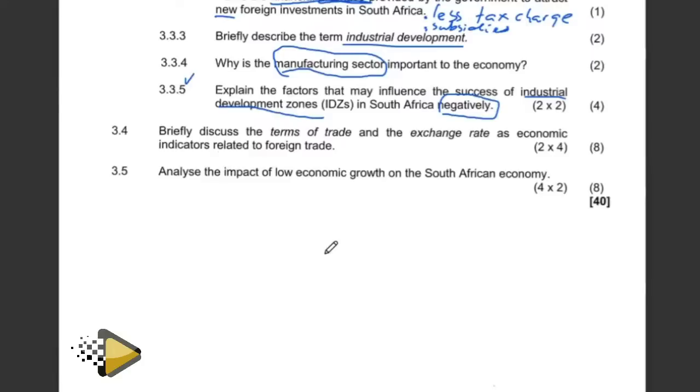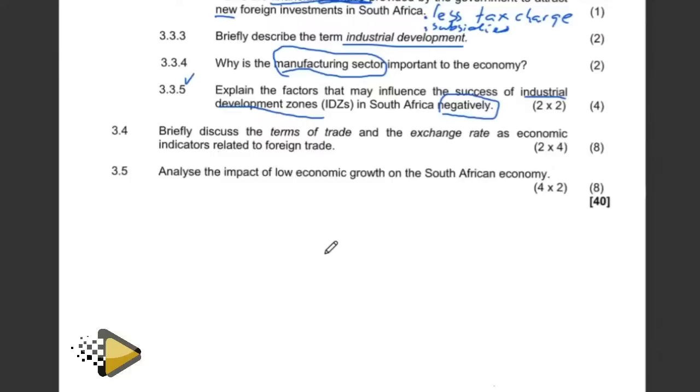If you take this question, it says explain the factors that influence the success of industrial development zones in South Africa negatively. So it means we must check the factors that prevent industrial development in South Africa.